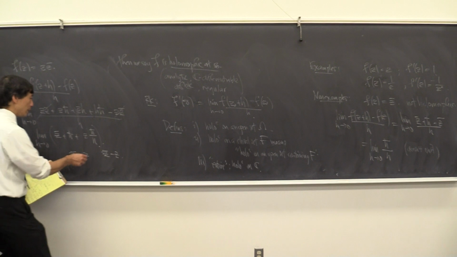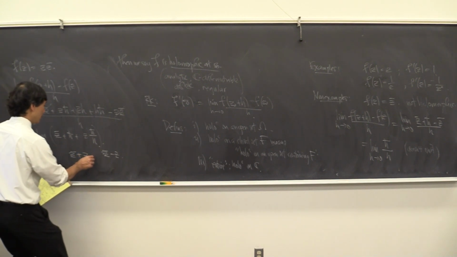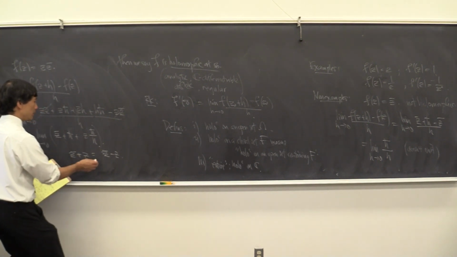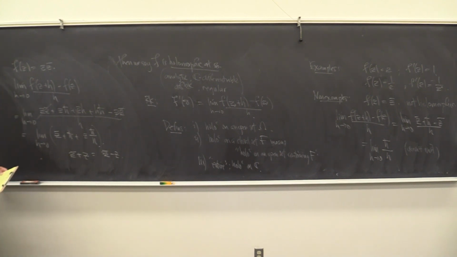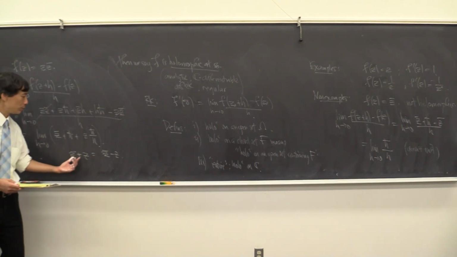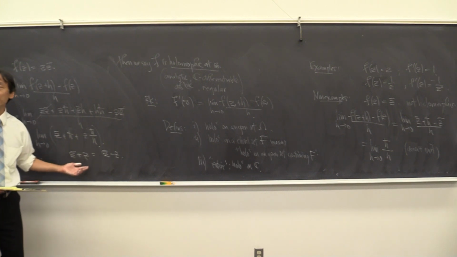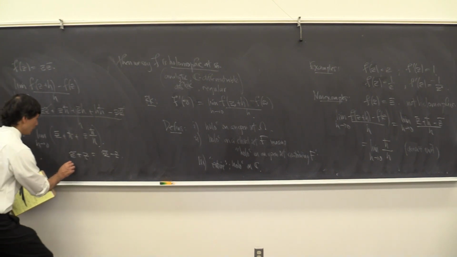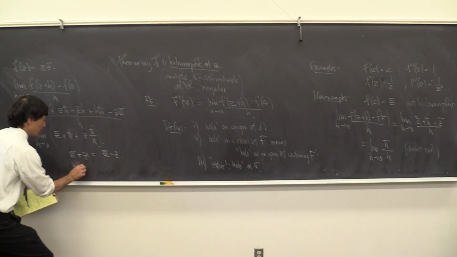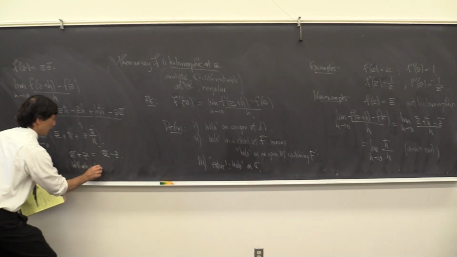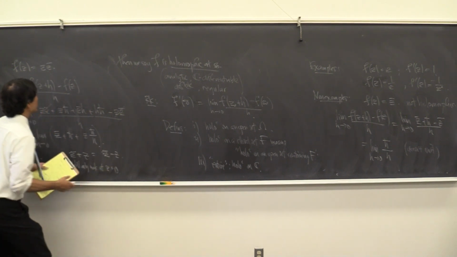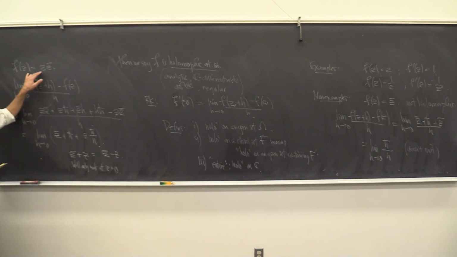And so the only place that that's going to work out is at z equals 0, because you're going to get 2z equals 0, so z would have to be 0. So this function is holomorphic only at the origin.